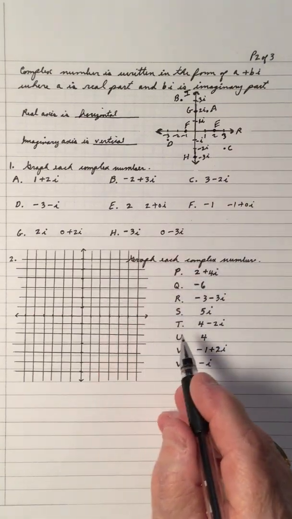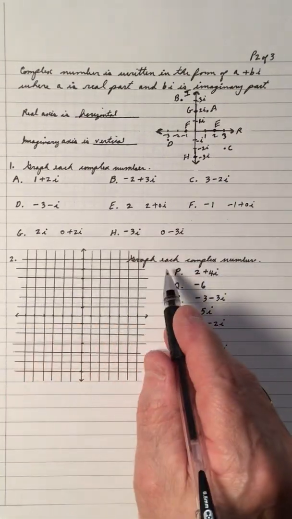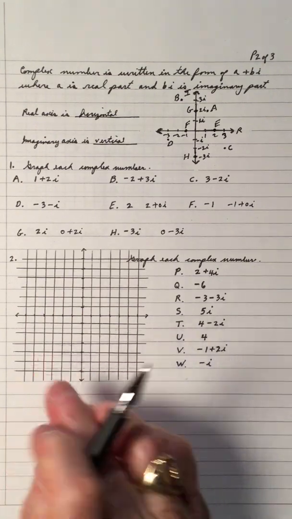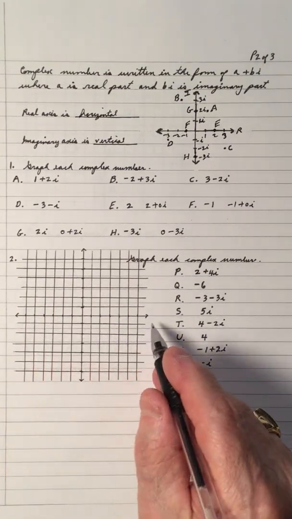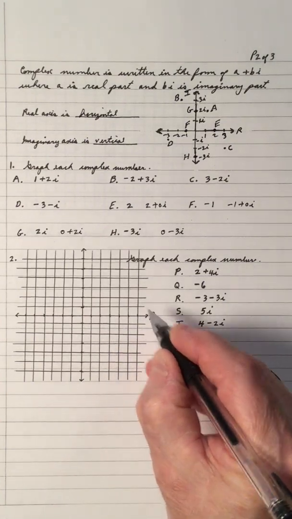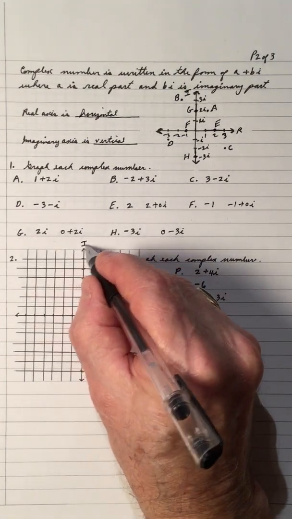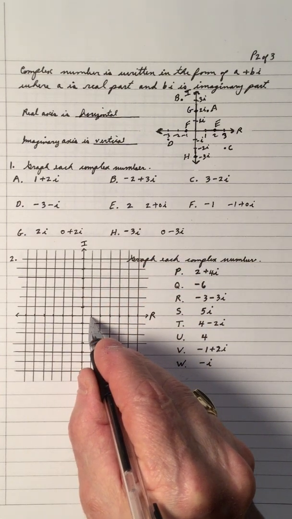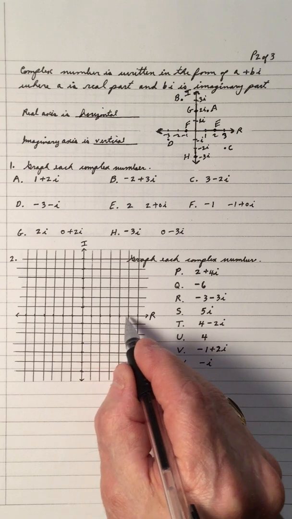So let's graph some more. If you wish, pause the video, find some graph paper, and I'll label the axes. This is the real axis. This is the imaginary axis. And again, this is 0, 0, 1, 2, 3, 4, 5.